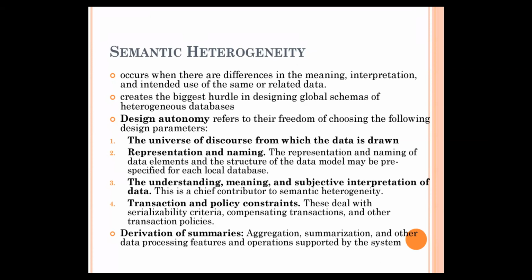The understanding, meaning, and subjective interpretation of data. This is the chief contributor to semantic heterogeneity. So based on the fragments, based on the reports they are generating, if the data is shared among different sites, a common naming system, common templates, and keywords will be used to represent each fragment and each logical unit of the data.